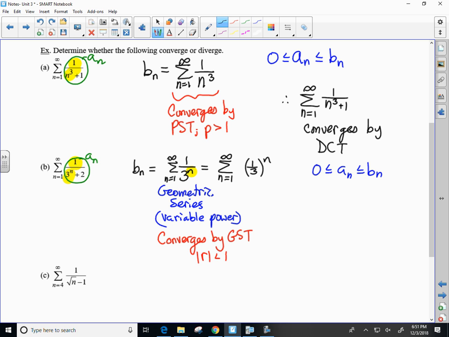So this one, the original, going from 1 to infinity of 1 over 3 to the n plus 2, would again converge by the direct comparison test, the DCT.